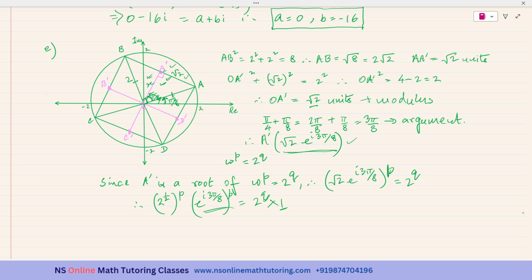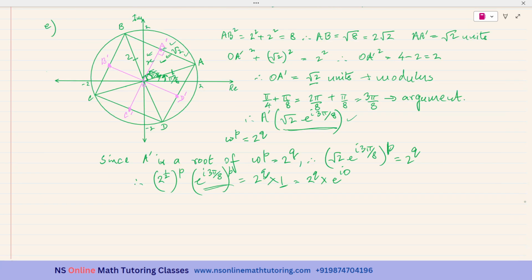I do not know whether this will solve my purpose, but let me try. Now from here I am getting two equations. 2 to the power of p over 2, so p over 2 should be equal to q.